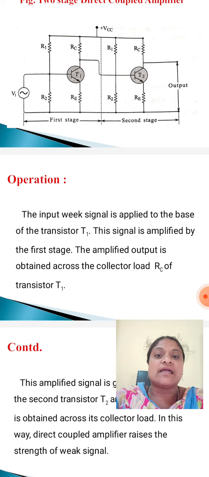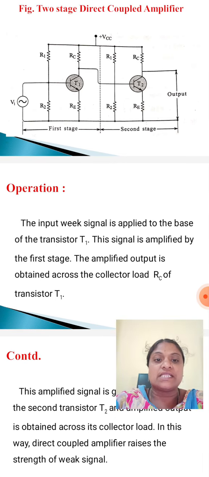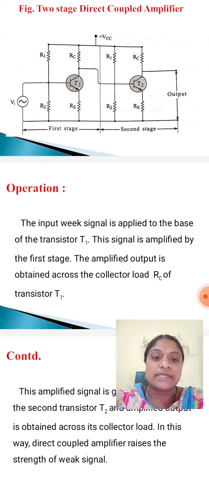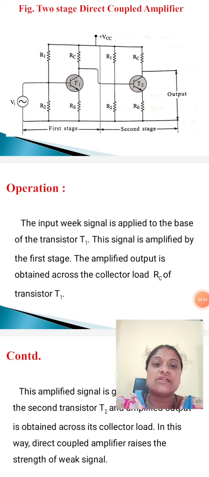This signal is amplified by the first stage. The amplified output is obtained across the collector load resistor RC of transistor T1.